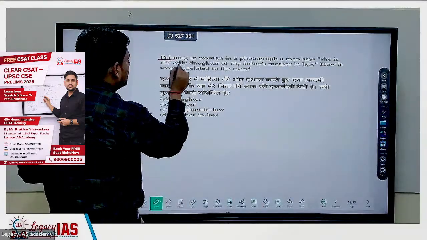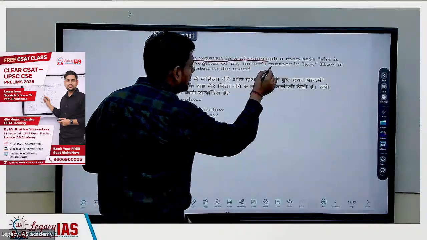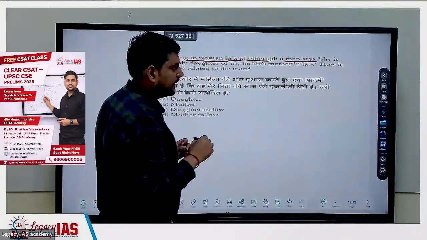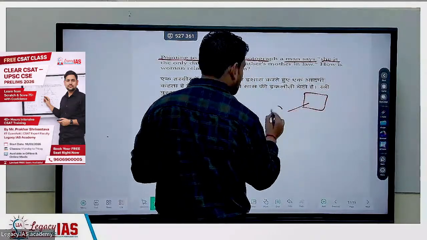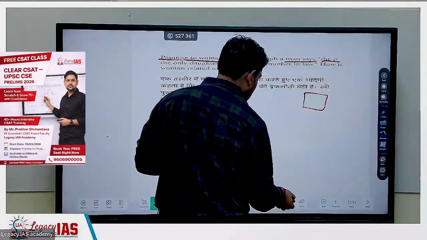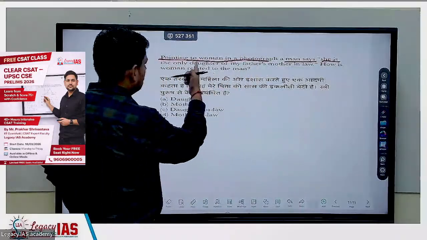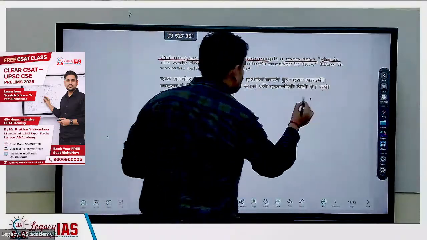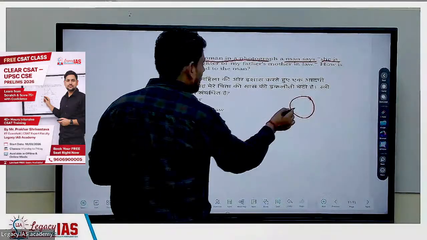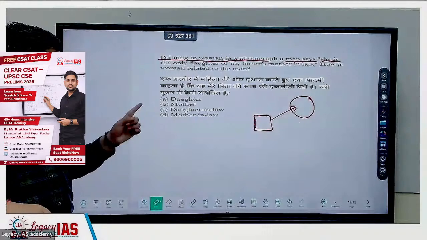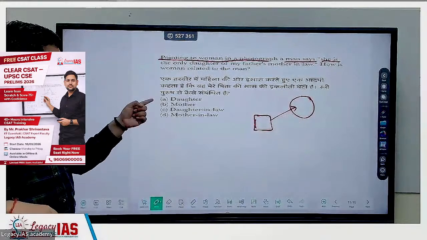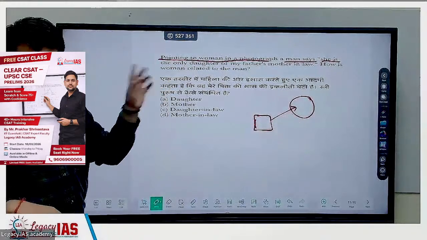Pointing to a woman in a photograph, a man says, she is the only daughter of my father's mother-in-law.